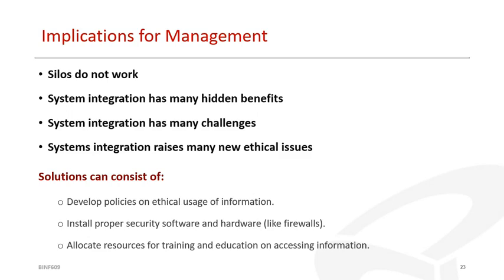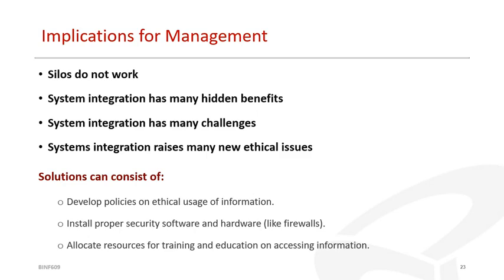System integration has many challenges, such as replacing old hardware and software, working with IT consultants, and human challenges such as impact on IT staff, department heads losing control of data, and rumors of layoffs.